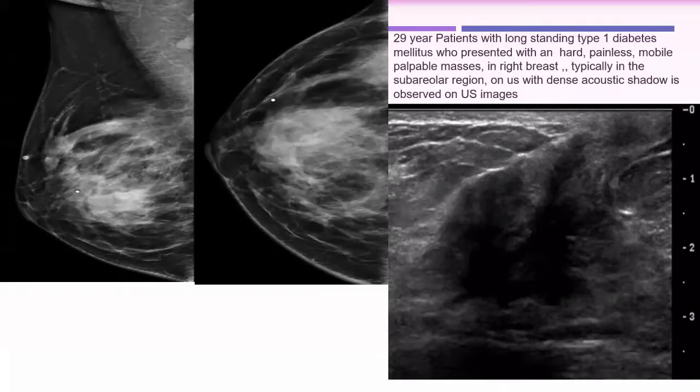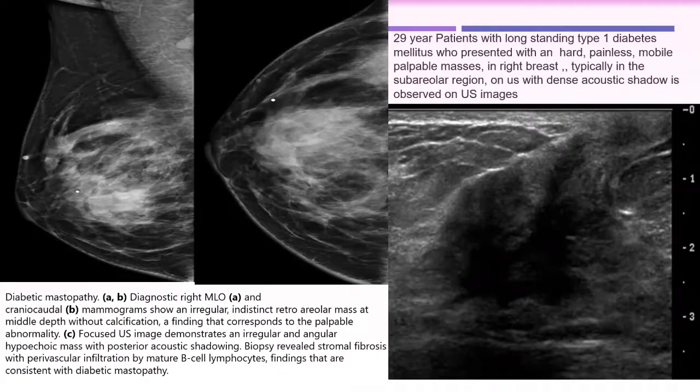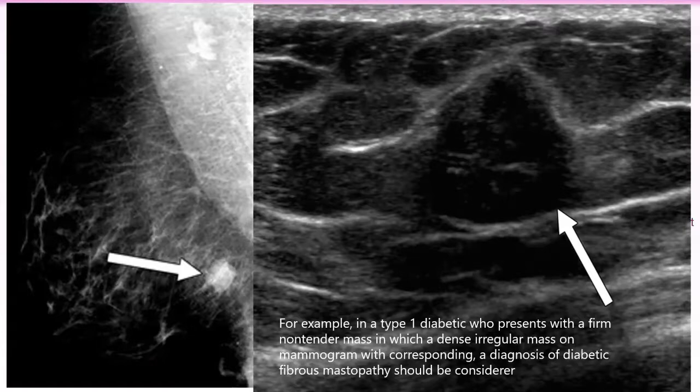The history goes with diabetic mastopathy or lymphocytic mastopathy, and this is again another example of diabetic mastopathy, also showing a hyperdense, irregular or spiculated mass on mammo, and it is also suspicious on ultrasound.